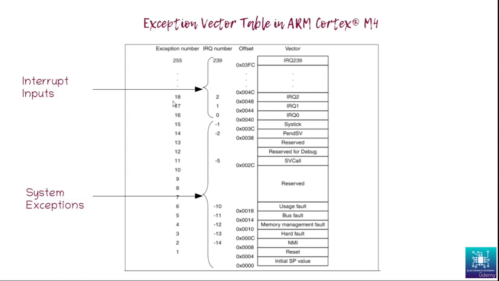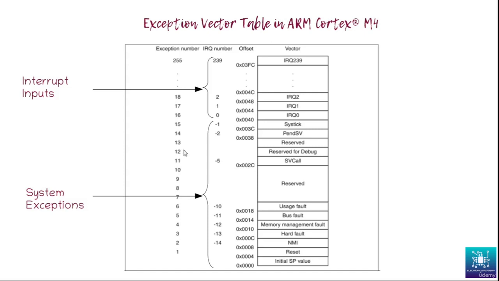And that register gives you the exception number, not the IRQ number. Though it's an SCB register, it informs about all the exceptions, so your system exceptions as well as interrupts are going to be depicted in that particular field.